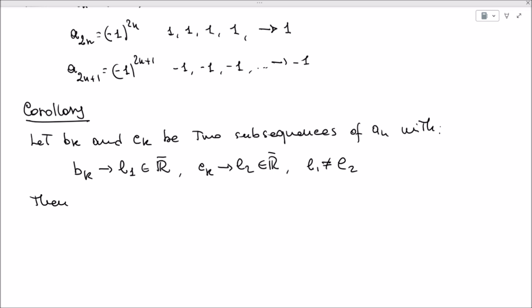Then we can conclude that an has no limit.